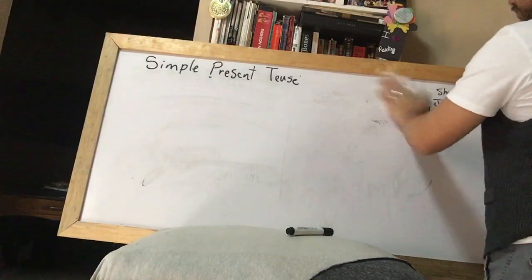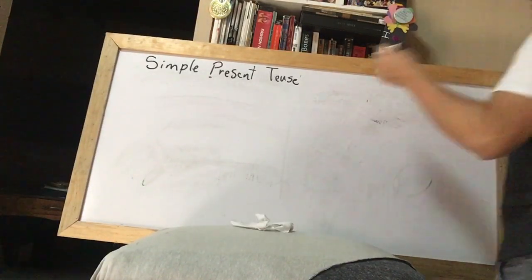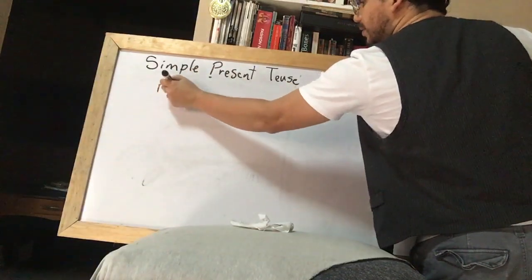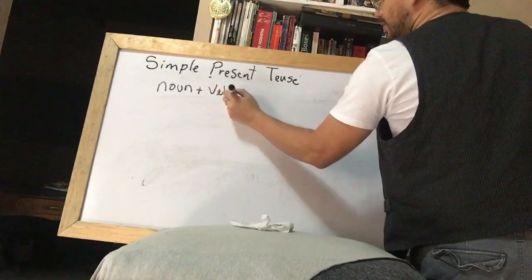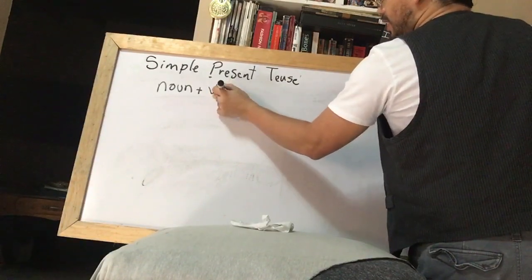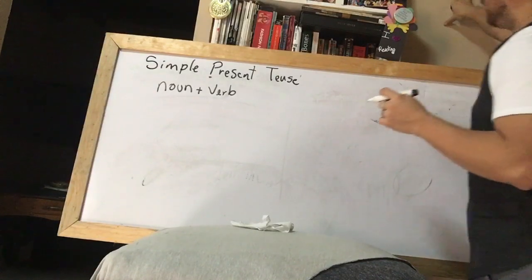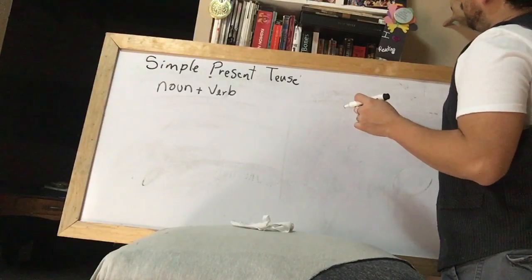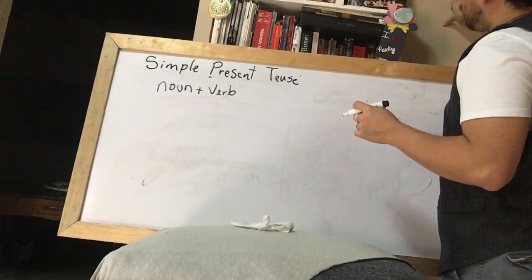So, for an example, if we want a sentence that has a noun plus a verb, and this verb, I told you, that I wanted it comparative and superlative.